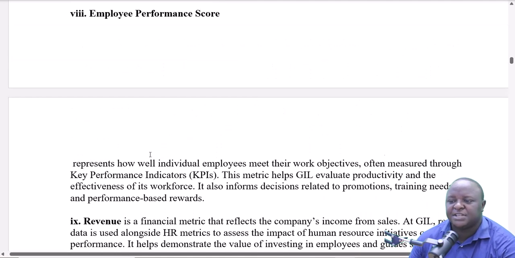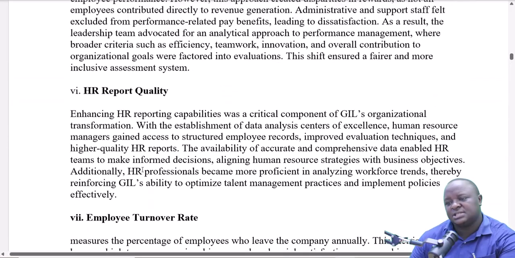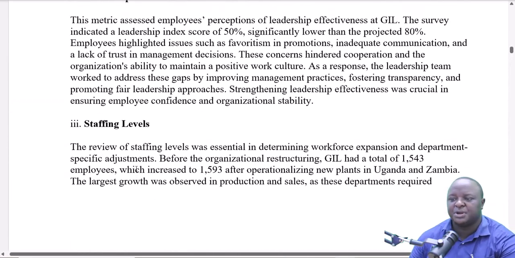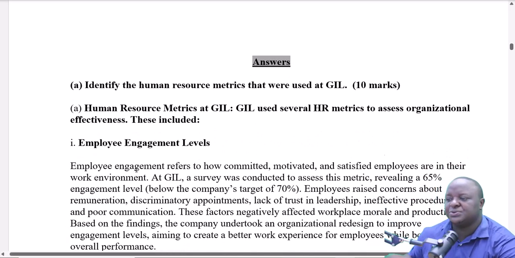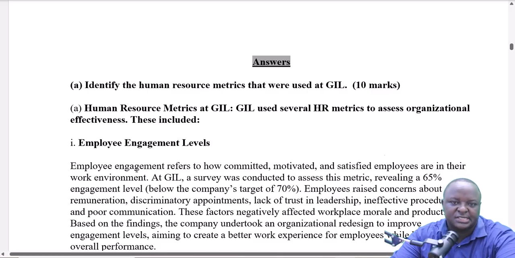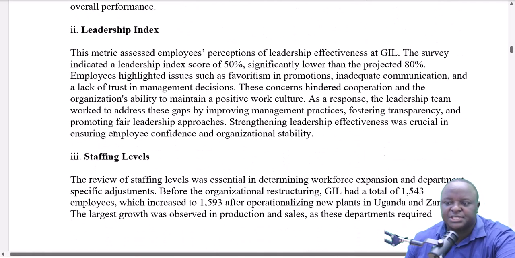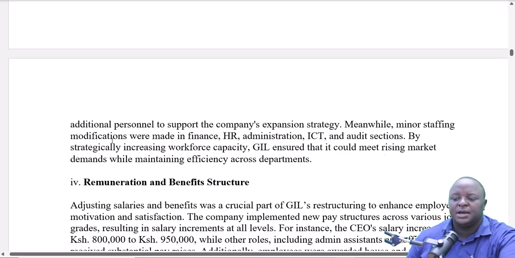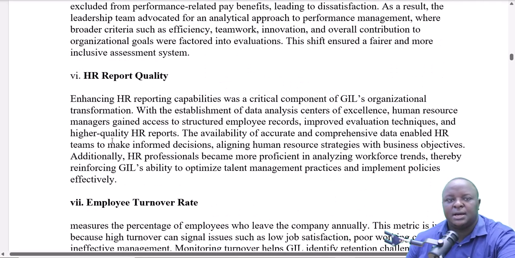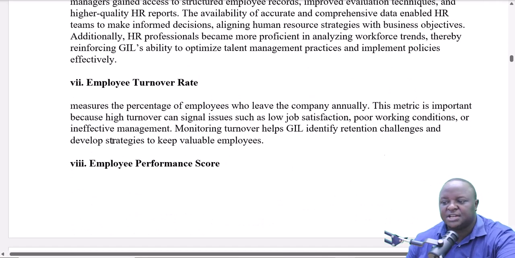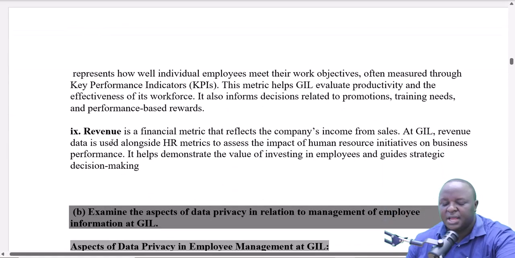So in summary, those are the 8 metrics that we have discussed that GIL used in assessing its organizational effectiveness. We have spoken about employee engagement levels, the leadership index, the staffing levels, remuneration and benefits structure, performance management metrics, the HR report quality, employee turnover rate, employee performance score, and revenue.